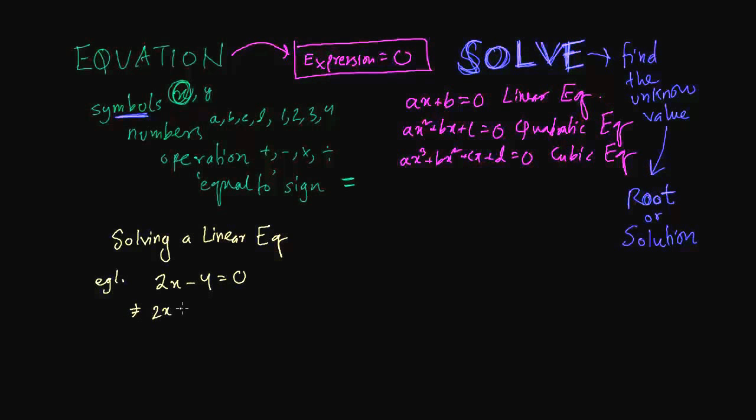So 2x equals to minus 4, if you go to the other side, will become plus 4. The minus on the other side of the equation is reversed and becomes positive. And 2x means 2 multiplied by x. When you send this to the other side, it will be divided. It will be 4 divided by 2, which is 2, so therefore x would be 2. So you have found the root of the equation.